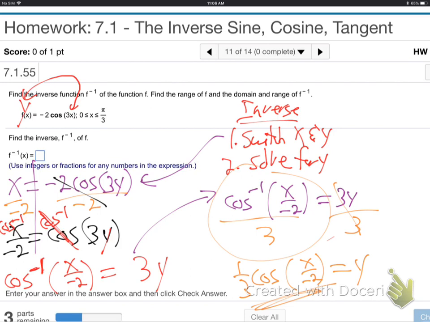They're also asking me for the range and domain and stuff like that. They want the range of f and the domain and range of f inverse. So let's get that. If you've got that copied down, I'll go to a fresh screen here and we'll answer those questions.